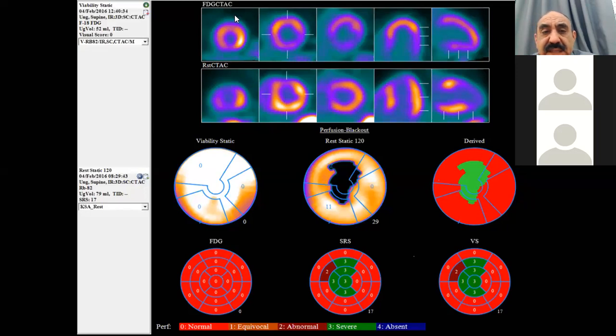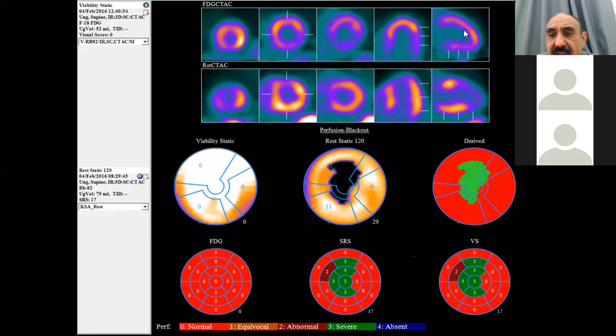You can appreciate here, there is FDG CTAC and there is rest CTAC. So we are comparing the fluorodeoxyglucose uptake to the rest rubidium, and we can appreciate very well that there is very good uptake of glucose in the mid-anterior wall and in the distal anterior wall.